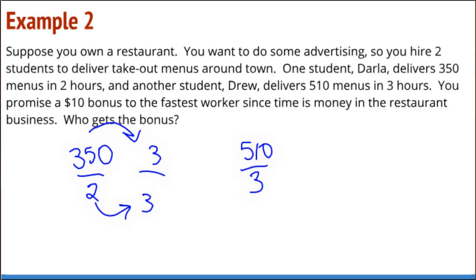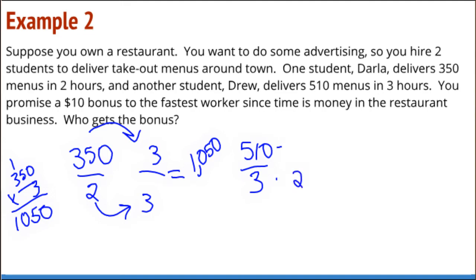And I've got 350 times 3, and in 3 hours, Darla would deliver 1,050 menus in 6 hours. And we'll scale up by multiplying by 2, and I would find out 1,020 in 6 hours.